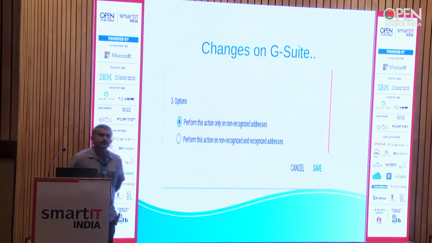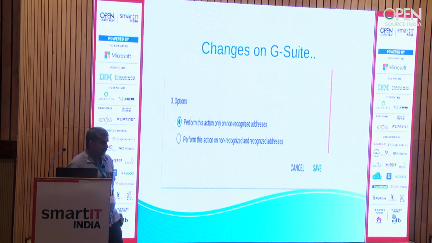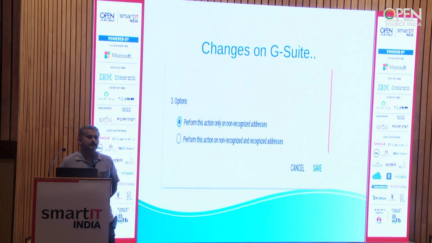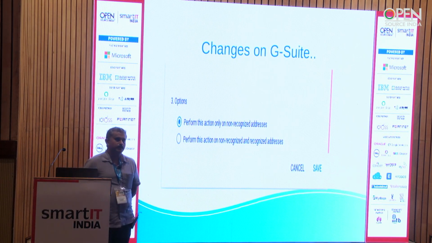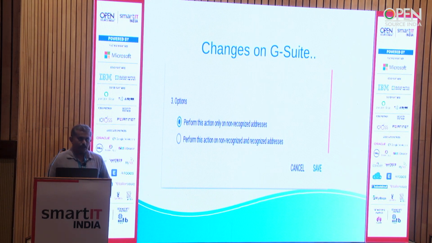The next thing you need to do on G Suite is perform the action only on recognized addresses. This option you need to select, correct. If you are going to keep, say, 10 mailboxes in G Suite and the remaining 80 mailboxes in your Linux server, and you perform the action on all the mailboxes, then your G Suite users won't get mails, correct. You need to select this option as well.